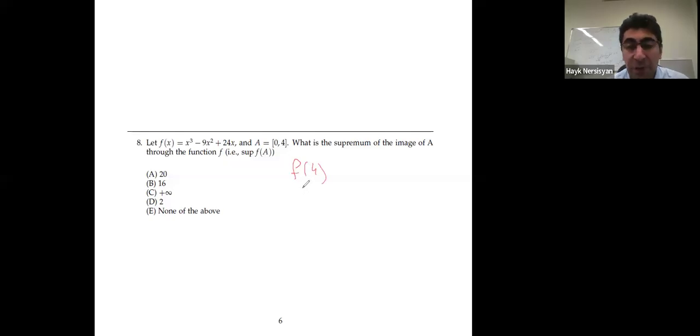Finding the supremum of the image, guys, is the same as finding the global maximum value of our function. We can just find the global maximum value of our function.